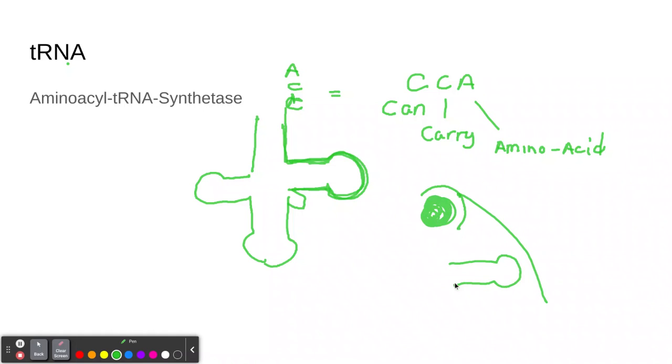It has its ATP here. That's going to help it get charged. If it doesn't have the right code for this amino acid, it'll be rejected. It'll leave. The aminoacyl tRNA synthetase will say, no, we don't want you, go away. But if it matches, it will grab the ATP, it'll grab the amino acid, and head to the ribosome.